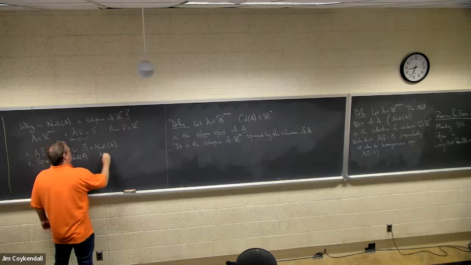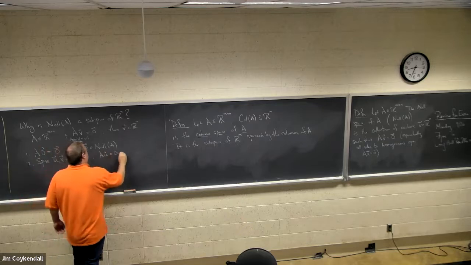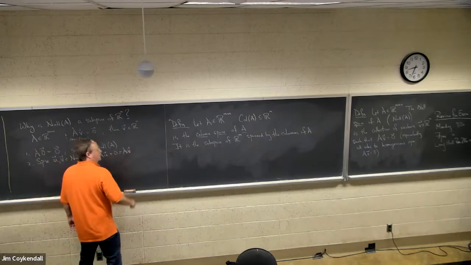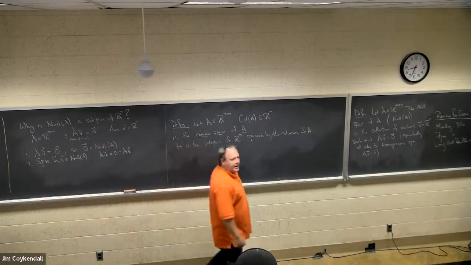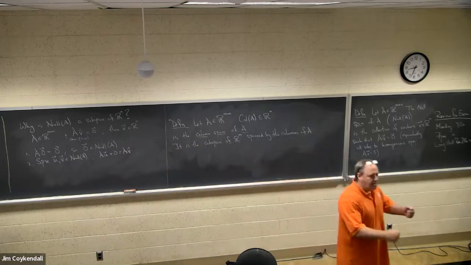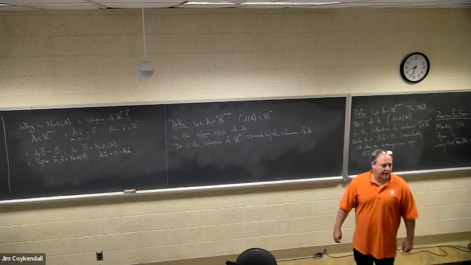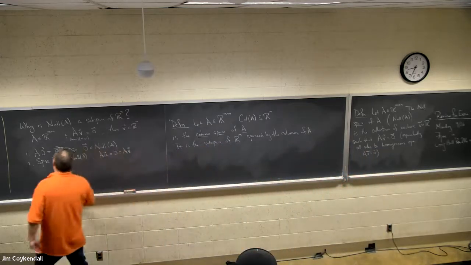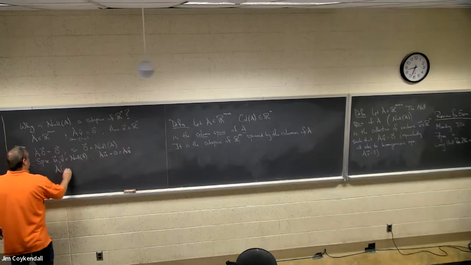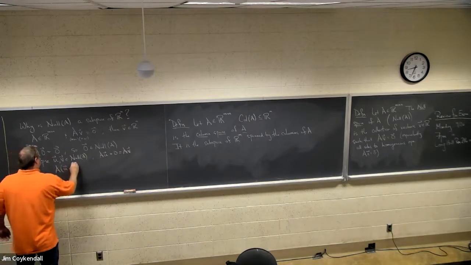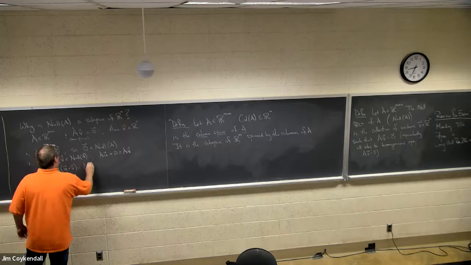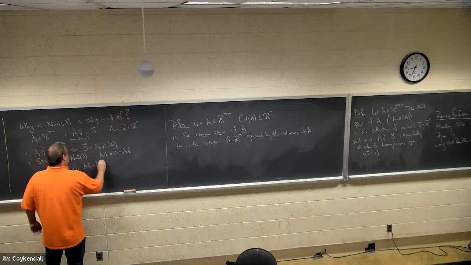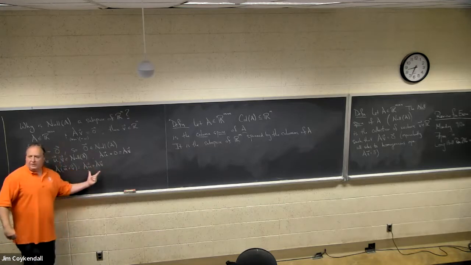And AU and AV are both 0, right? That's what it means for U and V to live there. So A of U plus V equals AU plus AV. Well, what are both of these things?